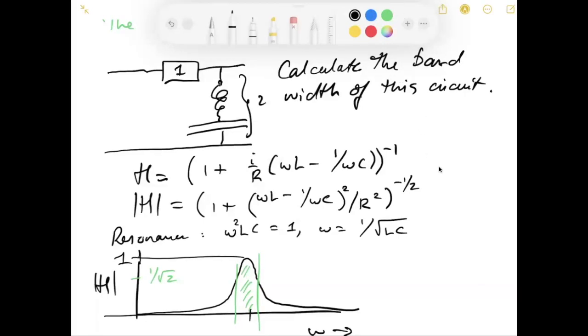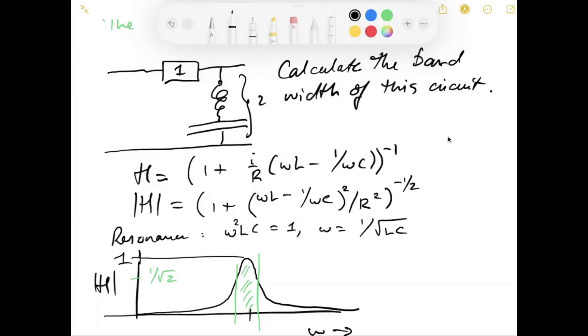To get the magnitude of that transfer function, it's a handy trick to know, if you do a lot of these with complex numbers in Cartesian form, that the magnitude of 1 over a complex number is the same as 1 over the magnitude of that complex number.